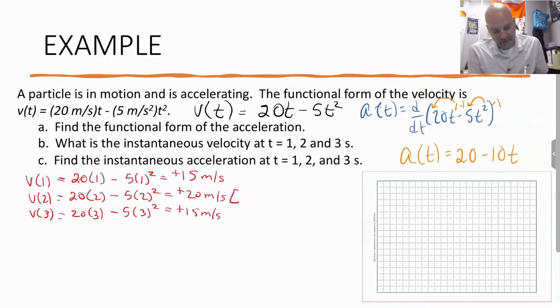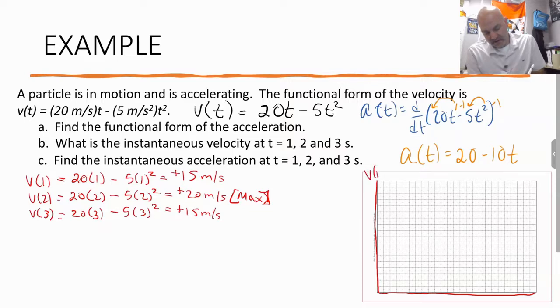Something you see here is that this is the max velocity. So I'm going to sketch it on our graph here, and again, this will help us predict or check our acceleration.